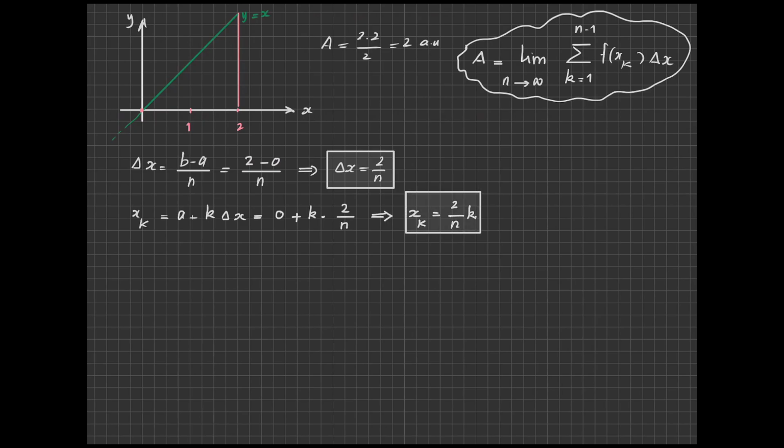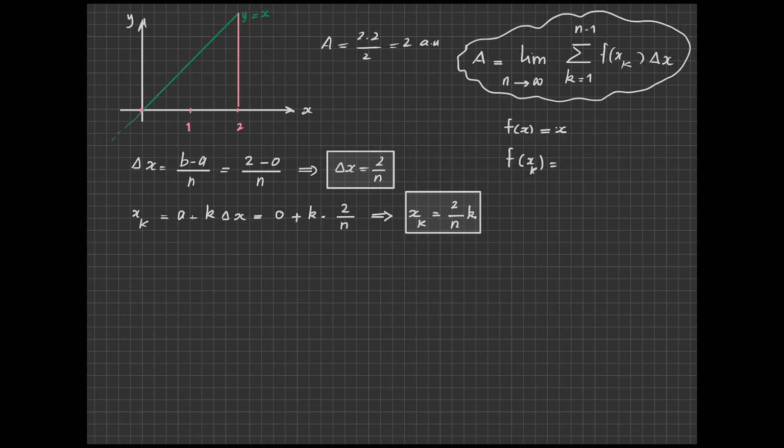Okay, tell me, is that understandable what I'm doing? This is x sub k. But here, what is my function? If I ask you to write the formula for your function, the green line, what is that? f of x is equal to x. Now I want to calculate, according to this rule, f of x sub k.